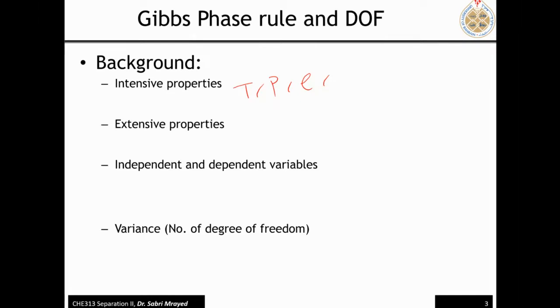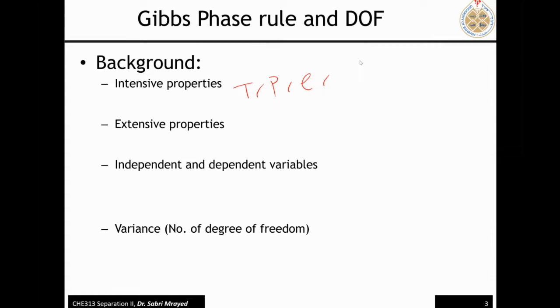So composition can be expressed by how many parameters? Mass and mole. Mole fraction is our preferred parameter to express the composition, especially when we deal with separation.